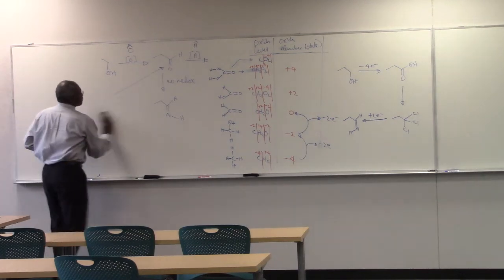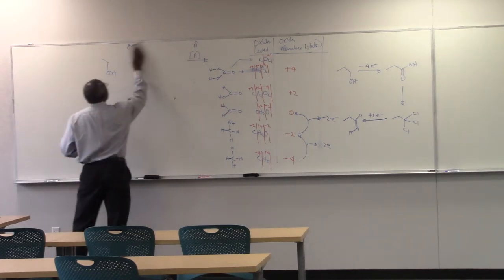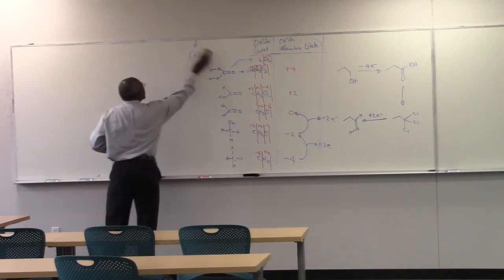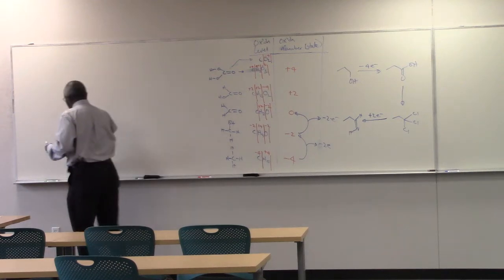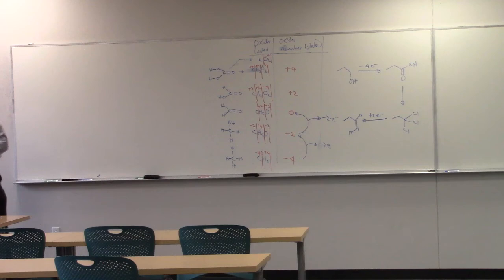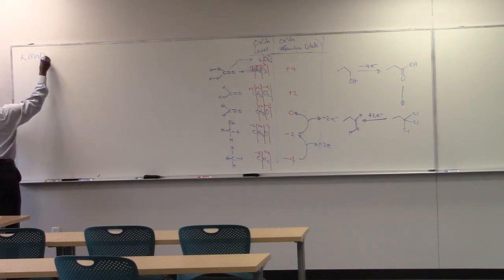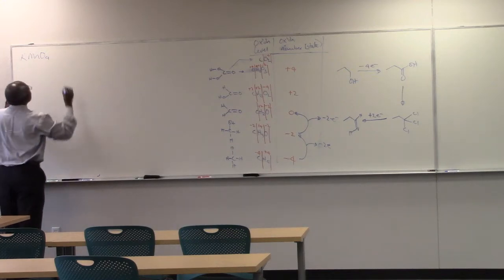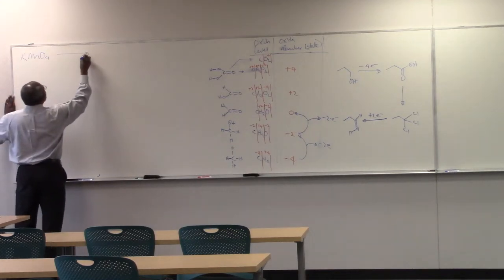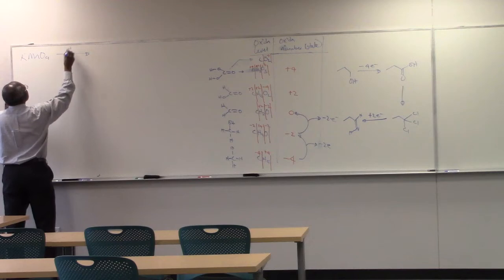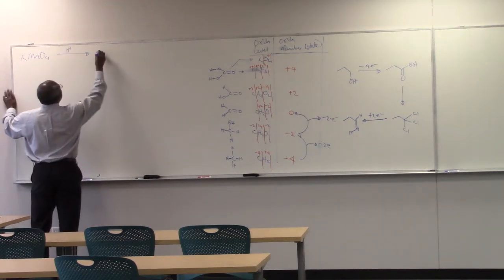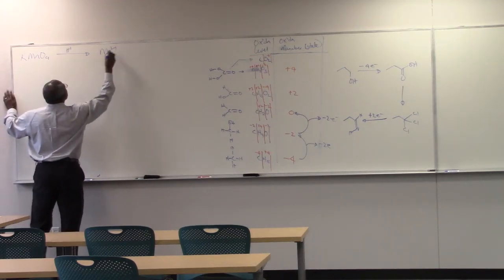For example, it turns out that 2 of the most common oxidizing agents in organic chemistry are potassium permanganate, which you've met in Gen Chem. Potassium permanganate reacts under acidic conditions and forms manganese 2+.